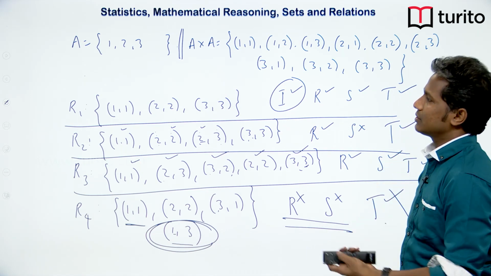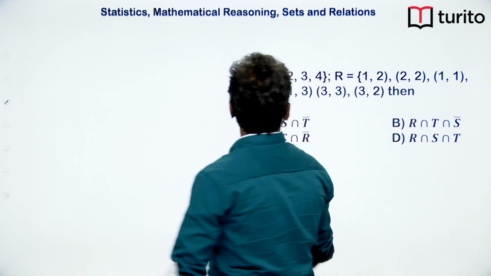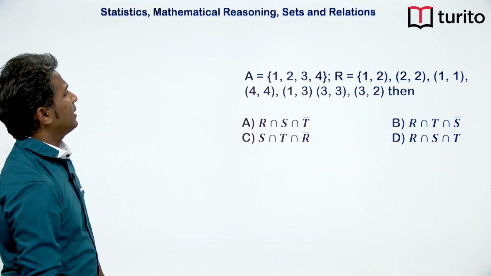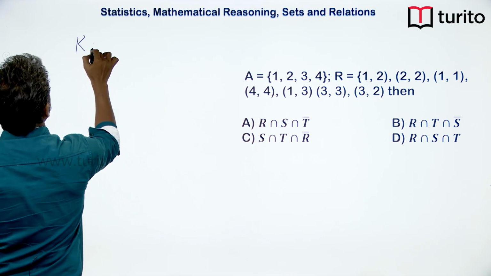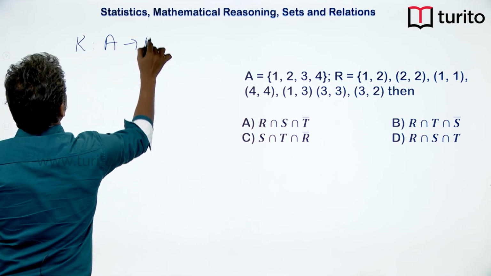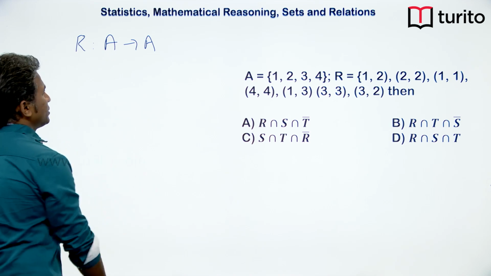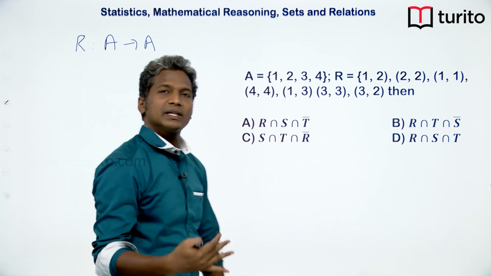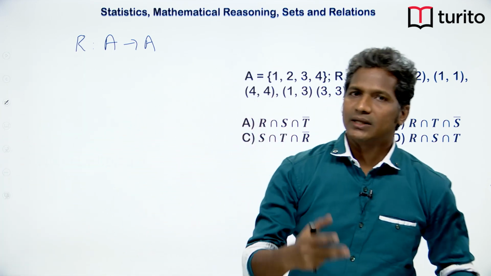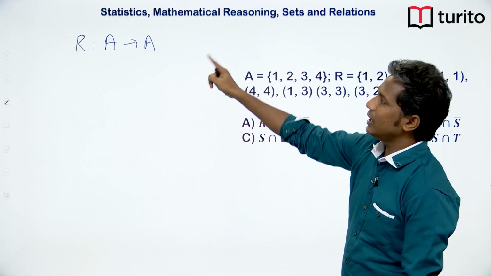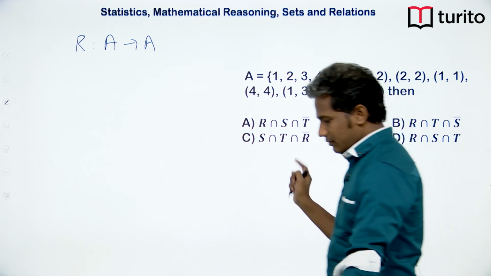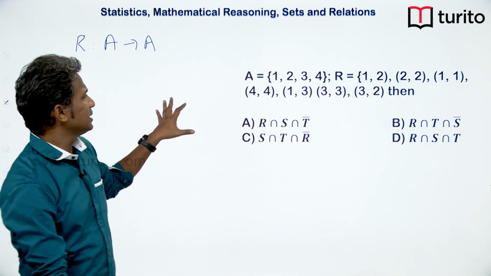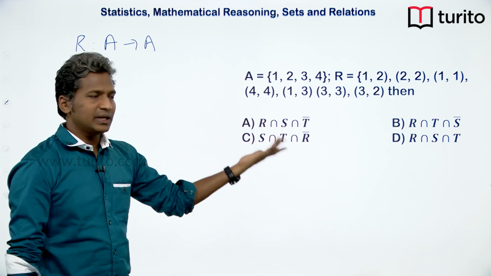Let us look at one problem here. There is a set A given here, and based on this set, there is a relation R going from A to A. Also, all these relations, reflexive, identity, transitive, symmetric, are defined from A to A only. Now the question asks whether this relation is reflexive or symmetric or transitive.